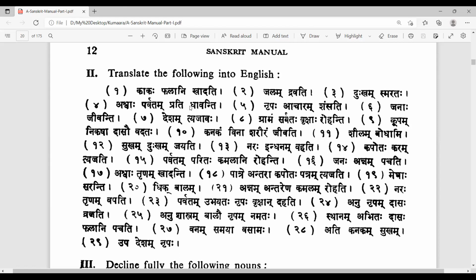नृपः आचारं शंसति. क्रियापदम् शंसति. कः शंसति? नृपः शंसति. किं शंसति? नृपः आचारं शंसति.